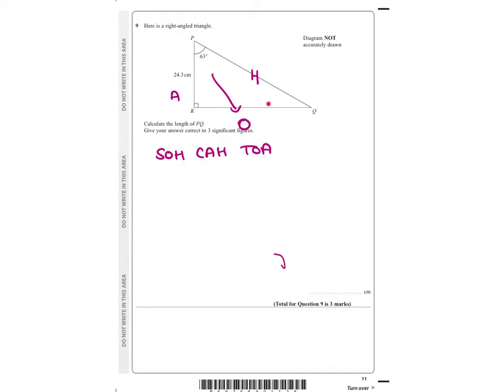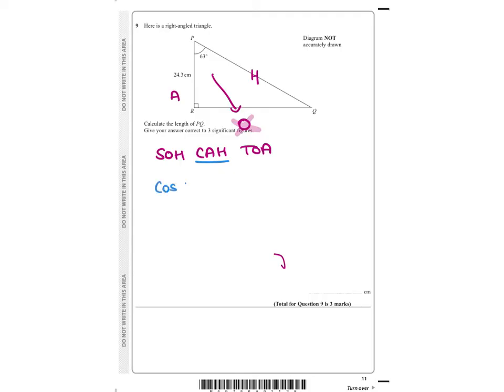Okay, so we need H, we have A, and we have an angle. Our O is no use to us, so we don't need to worry about that. We're now going to have a look for the formula that has A and H. So we're going to be using cos.